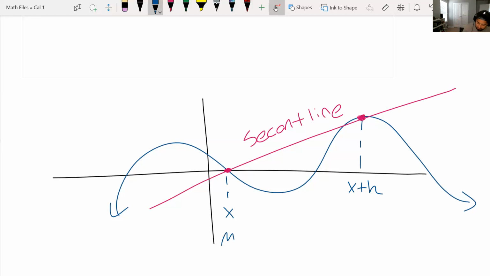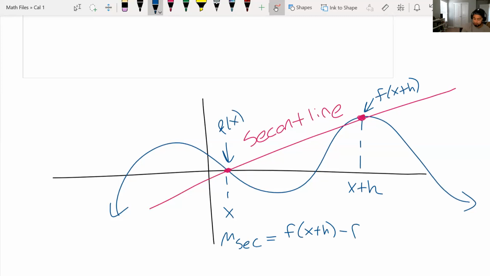So m secant would be given as f of x plus h, the y value, minus the second y value, f of x, over your second x value minus your first x value.